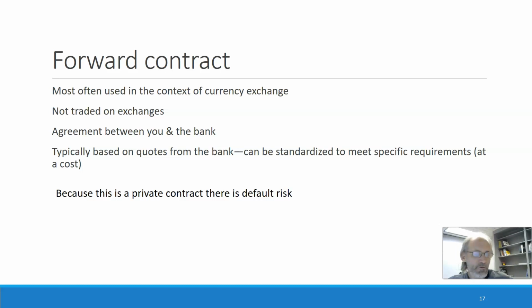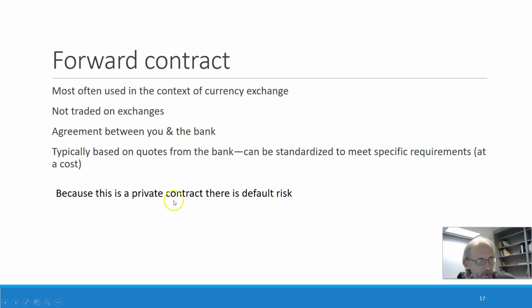But forward contracts are not that way. A forward contract is an agreement between you and the bank, usually. The bank will step in and say, we'll go into a contract with you and agree to exchange this foreign currency with you at a price in the future.